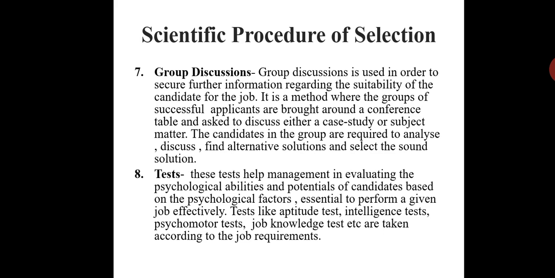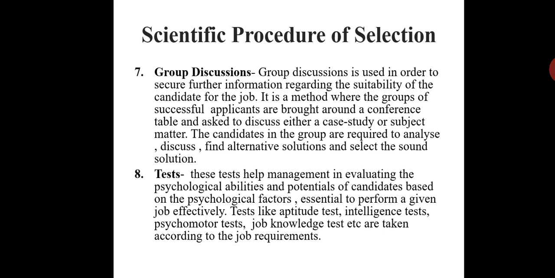Job knowledge test means what? How much knowledge about the job that person has. Okay, these tests go more in depth with the knowledge and the job description. Before, we saw the written examination, which is more about general knowledge or general skill sets.